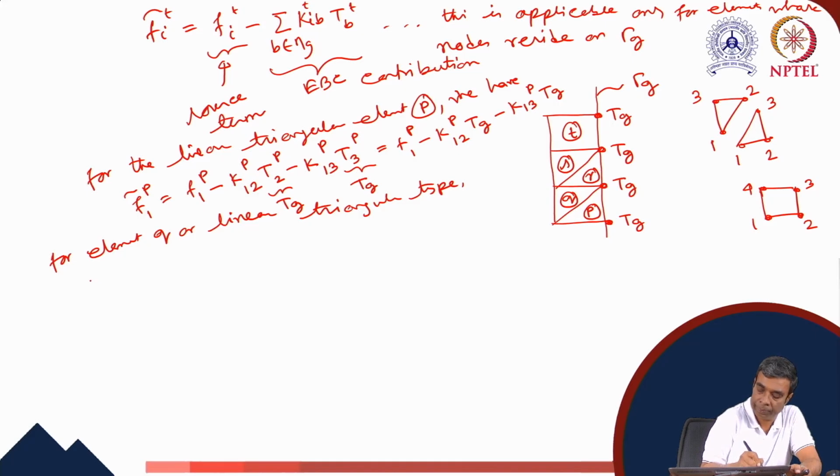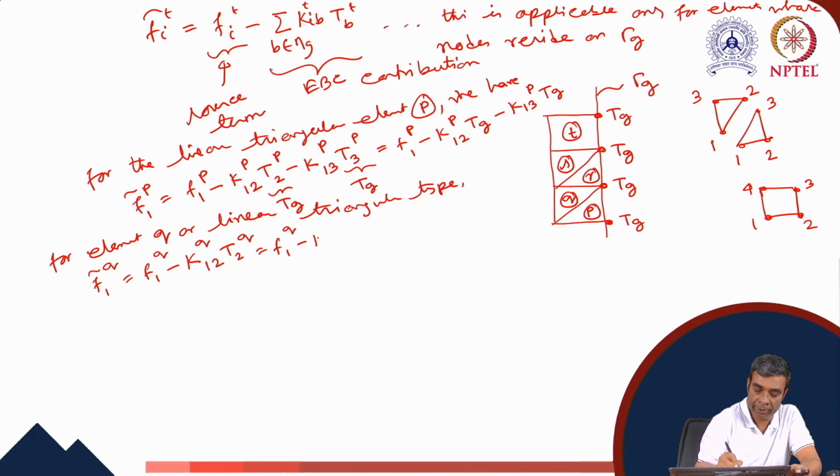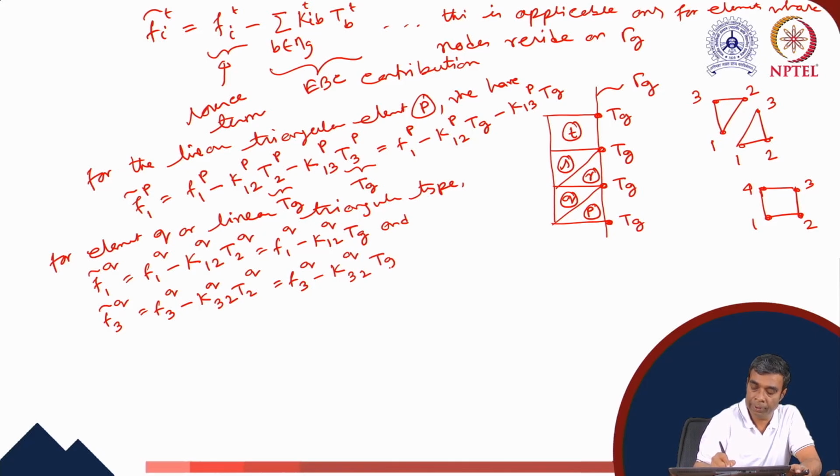So for this case, F1 tilde Q equals F1Q minus K12Q T2Q, which equals F1Q minus K12Q Tg, and then we have F3 tilde Q equals F3Q minus K32Q T2Q, which equals F3Q minus K32Q Tg.